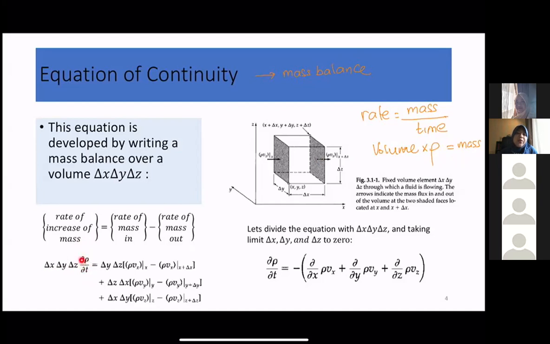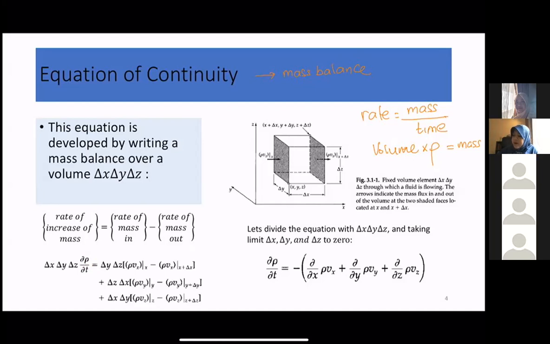Do you remember that volume multiplied by rho is equal to the mass? If the density changes with time, then the mass will also change with time. So let's write this: the volume times the change of density over time, which we call dou rho over dou t. Do you remember in calculus why we call it dou? It is a partial derivative, because density can be a function of distance, a function of x, y, or z, maybe it is not uniform, and also a function of temperature.